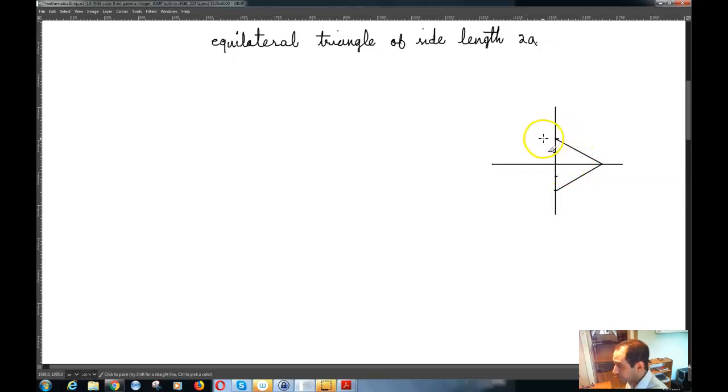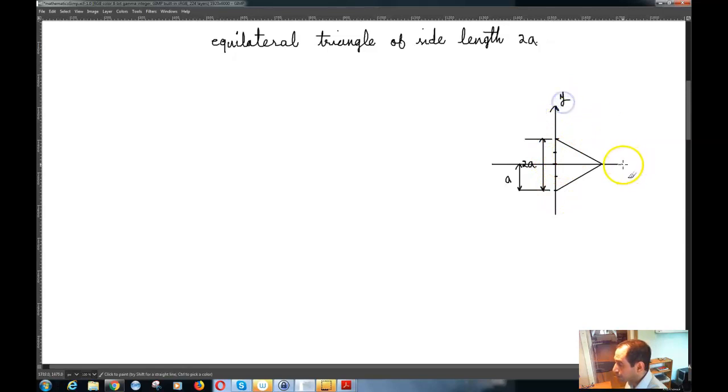In any case, this length over here is 2A, and this length over here is A, because this point is the midpoint of this side.